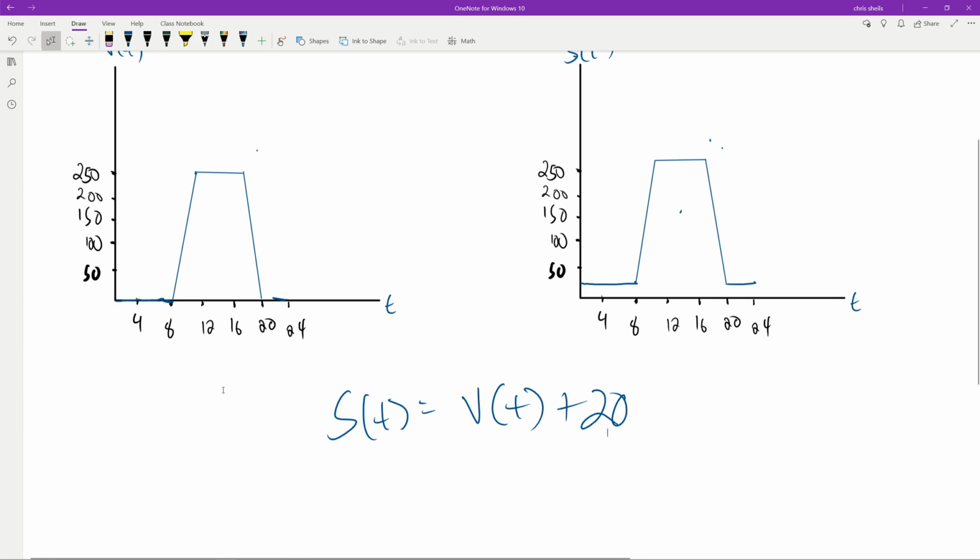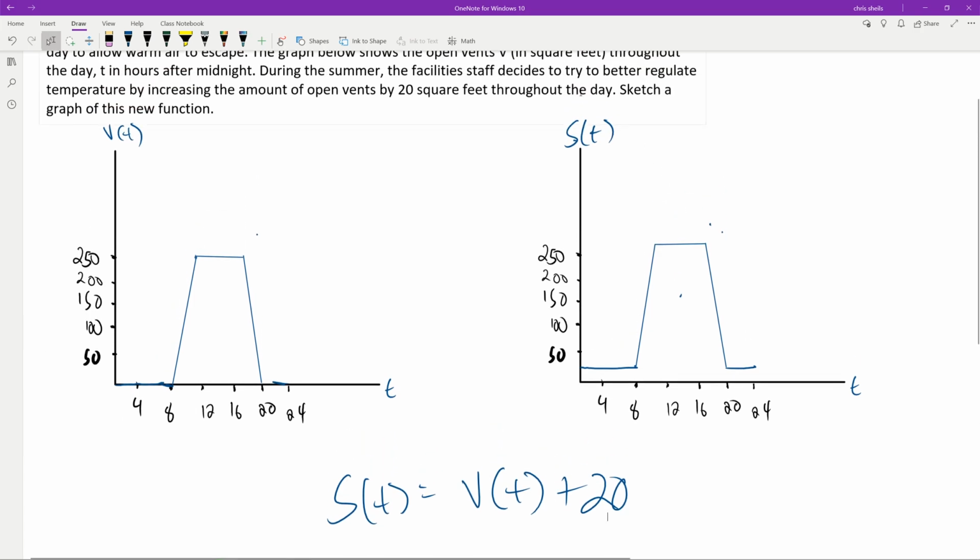So for any value of t, s of t can be found by evaluating the v function and then adding 20 to the result. This defines the function s as being a transformation of the function v, in this case a vertical shift up 20 units.